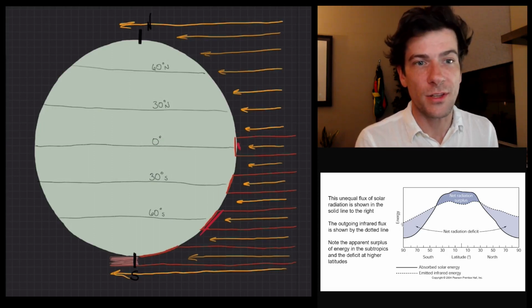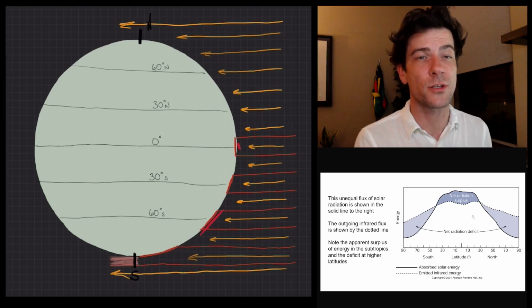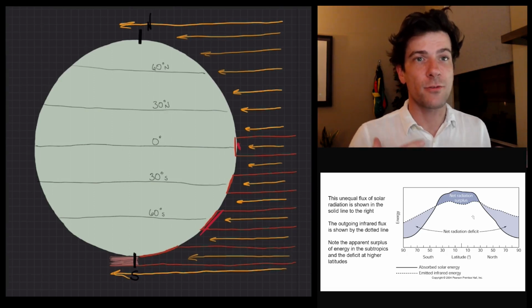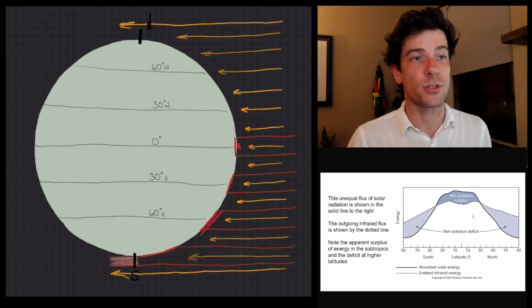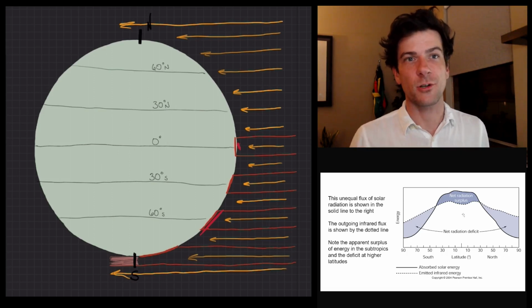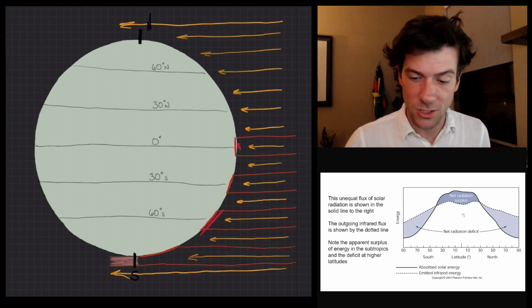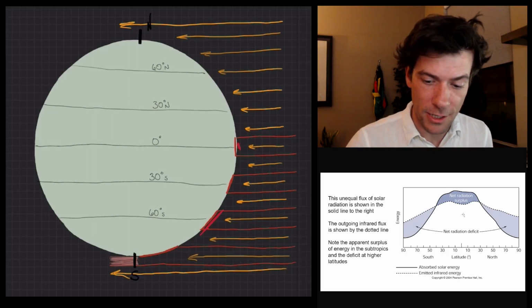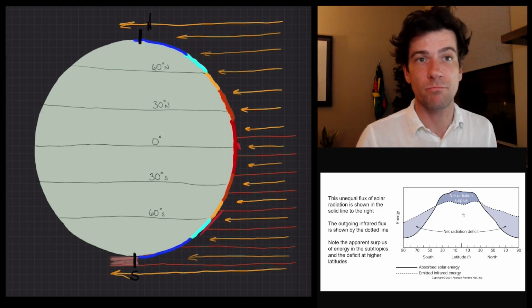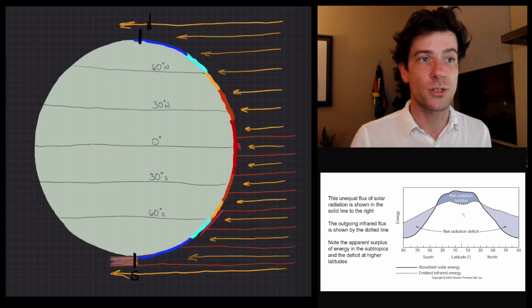Now the dotted line here shows the outgoing infrared flux. As we talked about in the last couple of videos, the sun emits primarily visible light, whereas the Earth emits infrared radiation back out into the universe. Every object emits radiation that depends on its temperature. The Earth gets a different amount of energy per square meter at different latitudes, so it absorbs that energy and heats up.